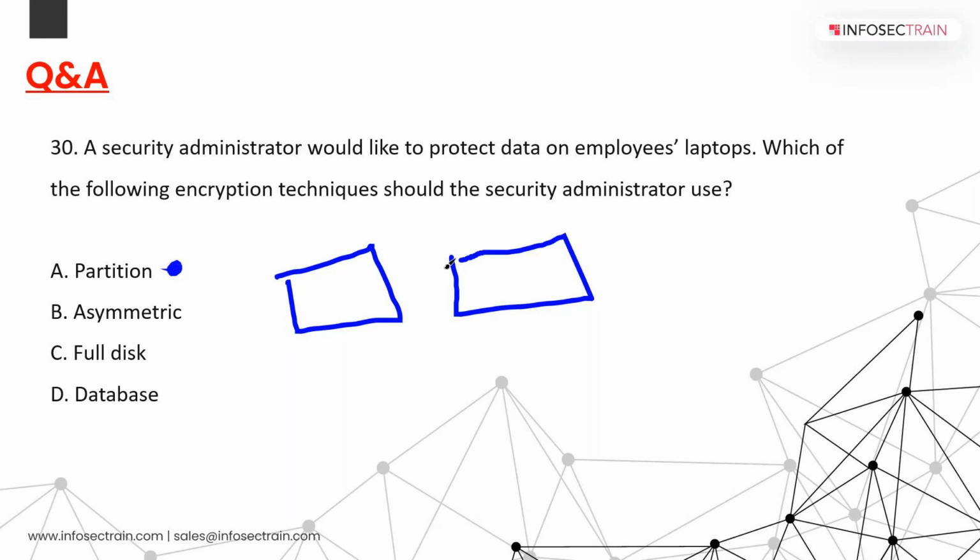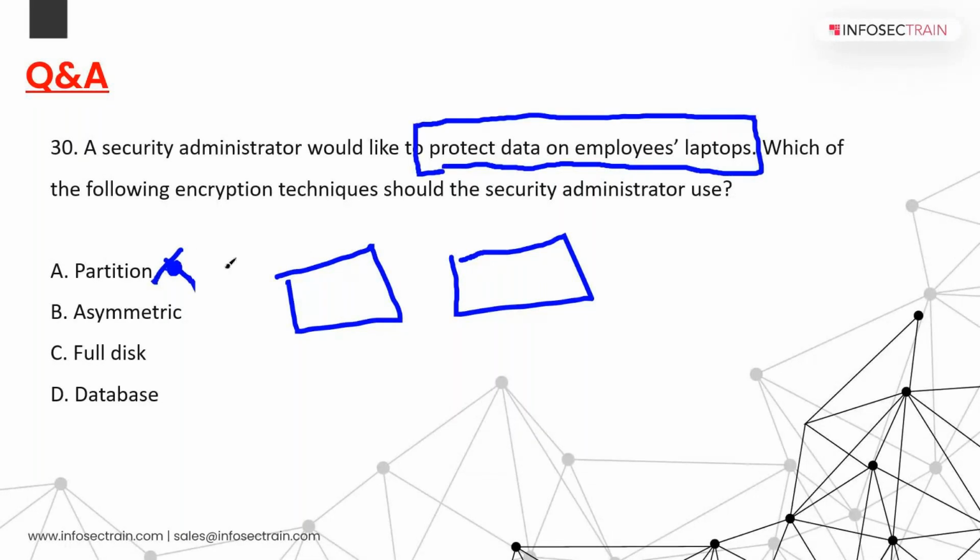But here it says that you want to protect the data on the employee's laptop. It is not talking about any sort of partition. So this is not going to be the correct way. Then it talks about asymmetric encryption. Asymmetric encryption is a type of encryption in which you use two types of keys: a public key and a private key. One key is used for encryption, another one is used for decryption.